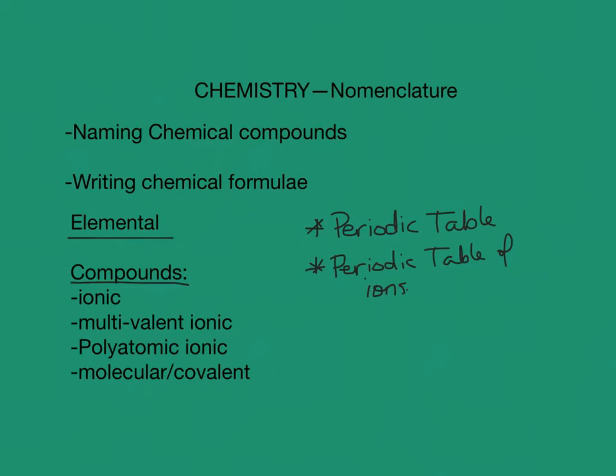But before we do that, we're just going to review the difference between an atom versus a molecule. Okay, so an atom is basically one, and a molecule is more than one atom combined together.